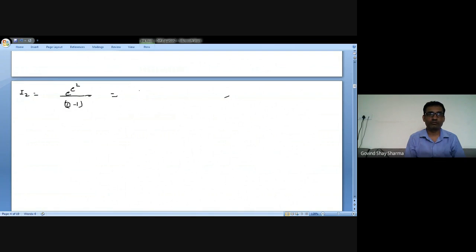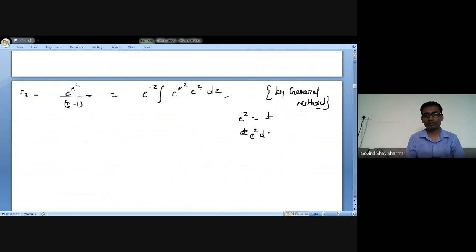Here again by the general method, take e to power z is equal to t, so e to power z dz is dt.